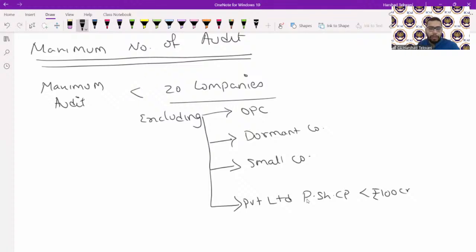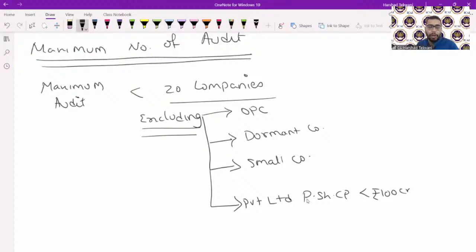Okay, so these are required to be excluded while counting the limit of 20, and this is a maximum limit above which a chartered accountant in practice cannot take an appointment as an auditor for a company if he is already holding 20 appointments as an auditor in those particular companies.